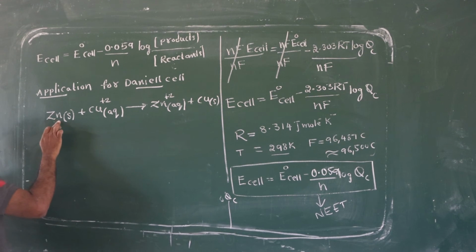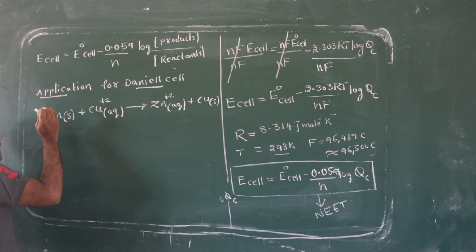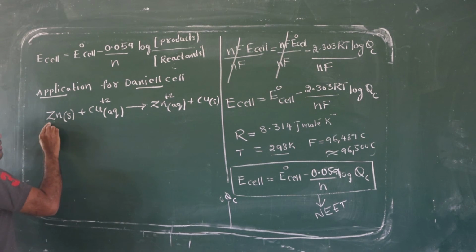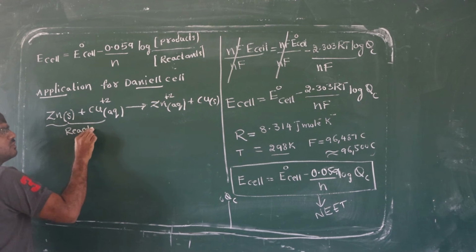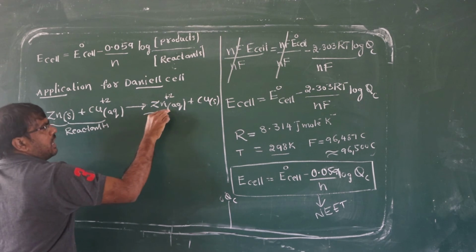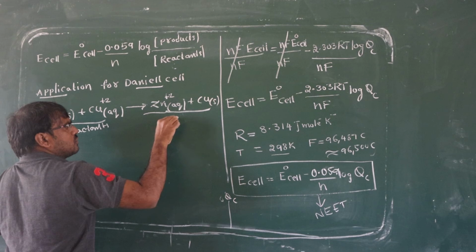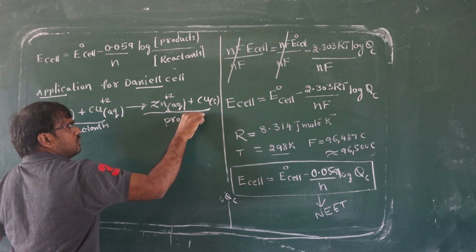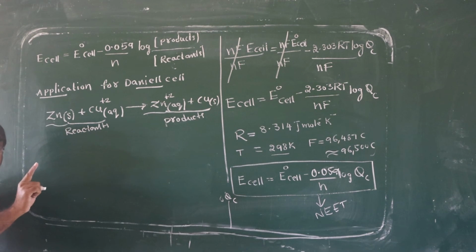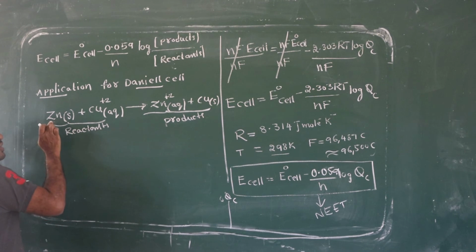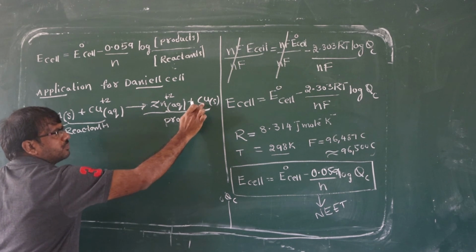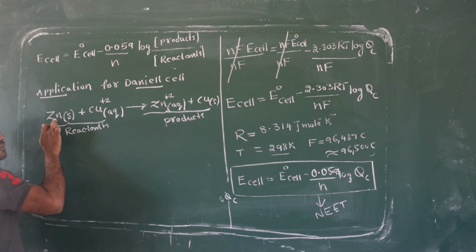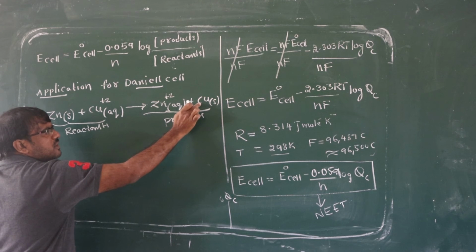Now, whenever we apply the Nernst equation to the Daniell cell, how do we get the equation? Look here. These are reactants and these are products. One more point you have to remember here. On the reactant side zinc is a solid. On the product side copper is a solid.